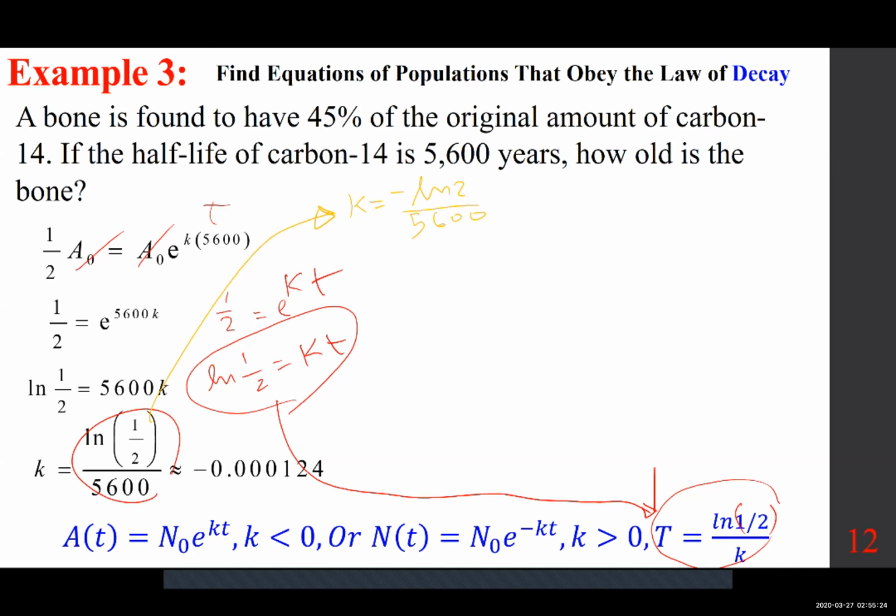Can anybody tell us why I wrote minus ln2 instead of ln of 1/2? Anybody? Why did I change ln of 1/2? Go ahead. Because you put the negative? Negative.